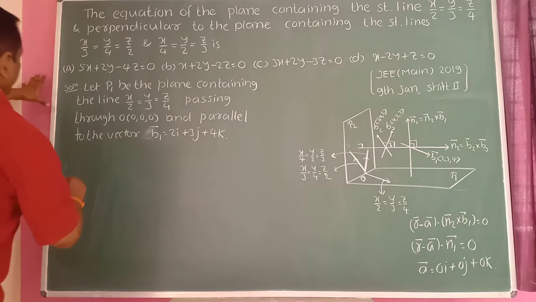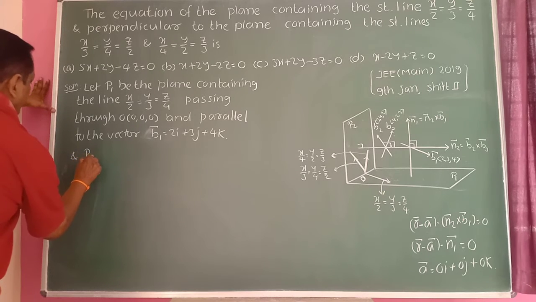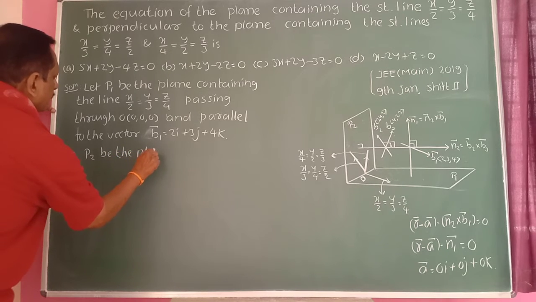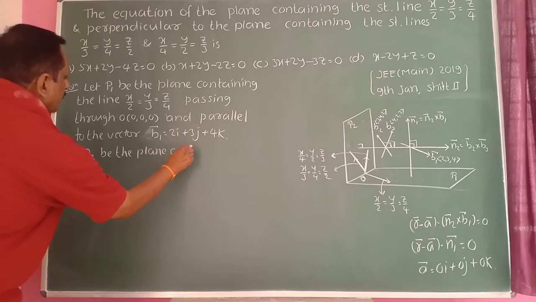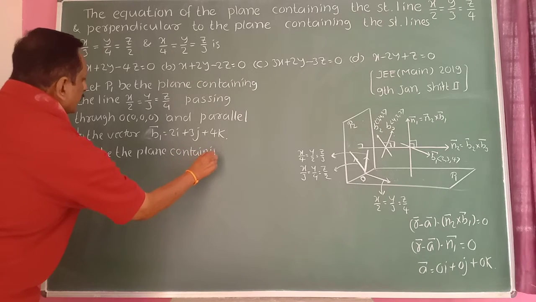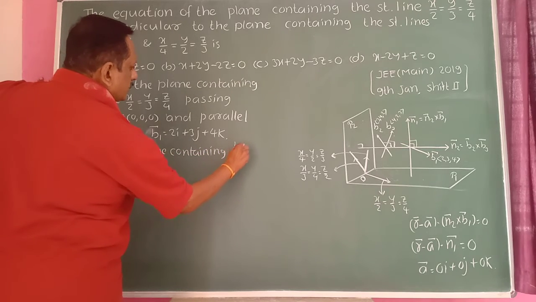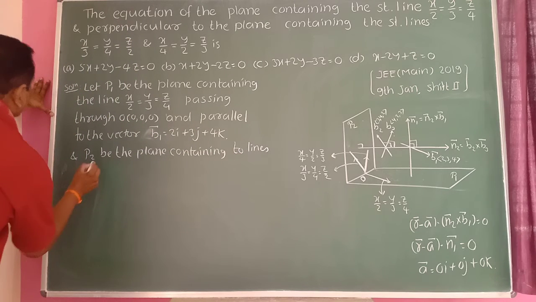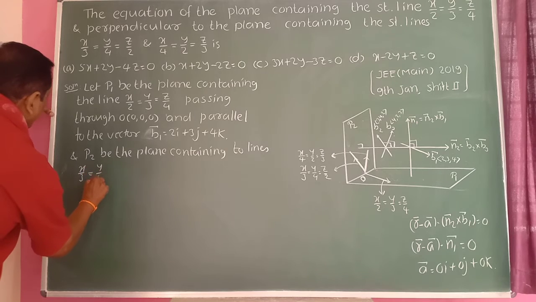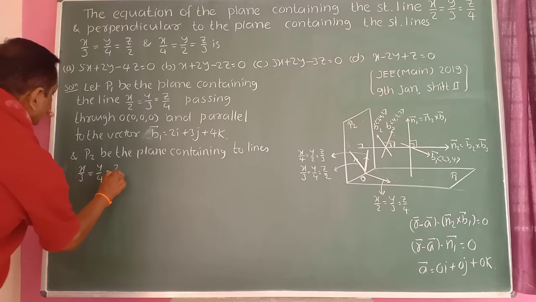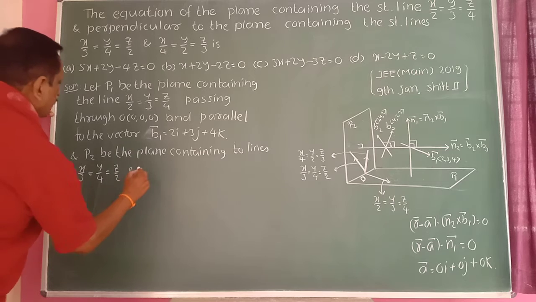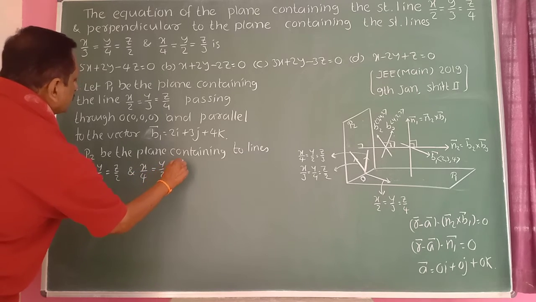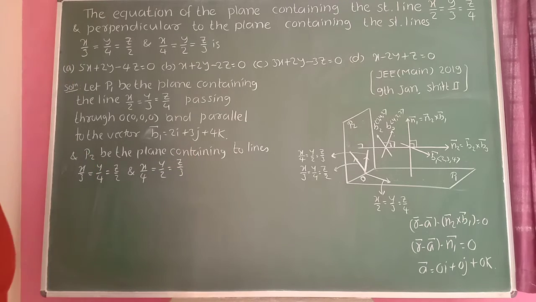And let P2 be the plane containing the two lines x upon 3 is equal to y divided by 4 is equal to z divided by 2, and x divided by 4 is equal to y upon 2 is equal to z divided by 3.